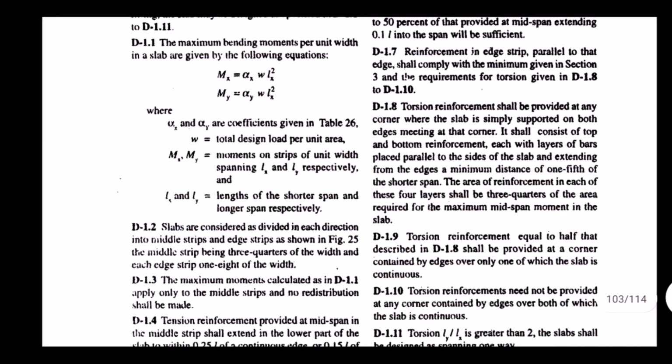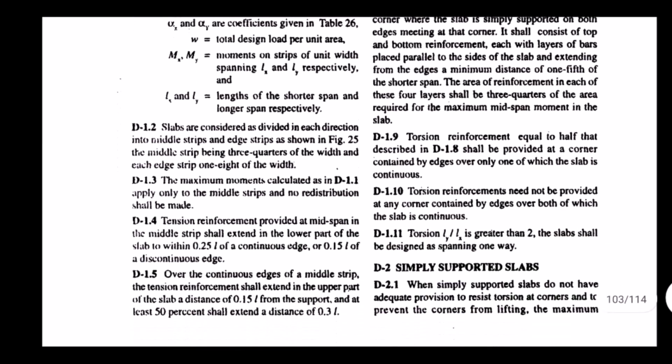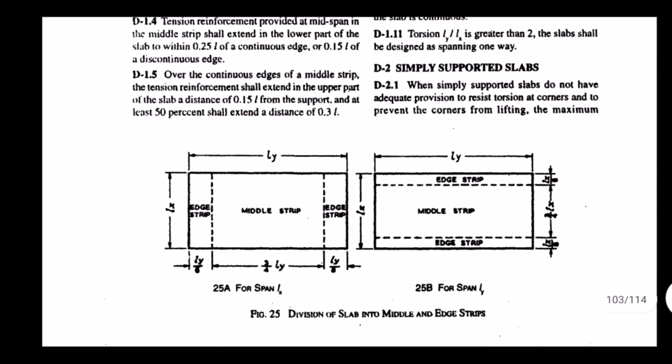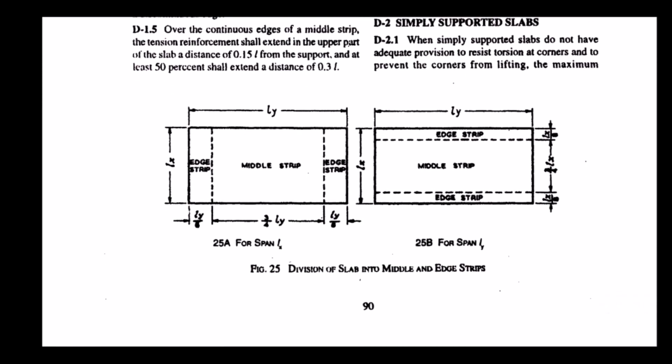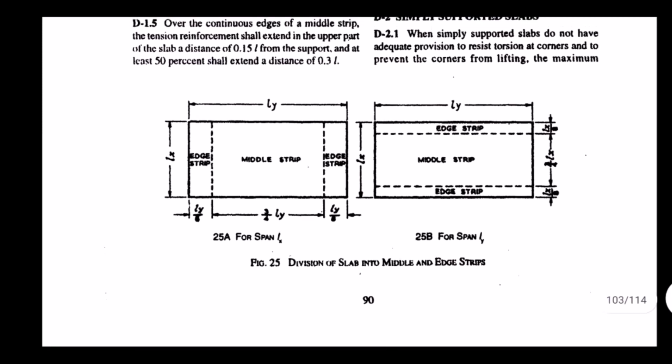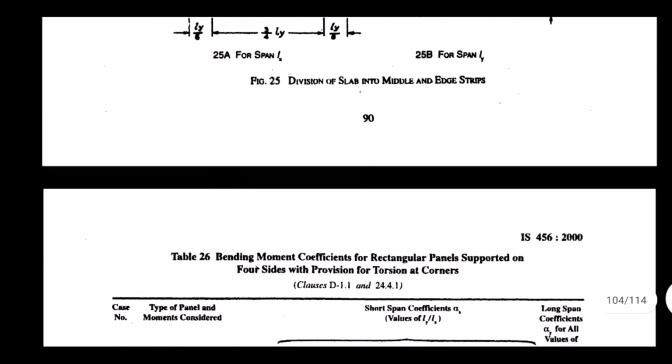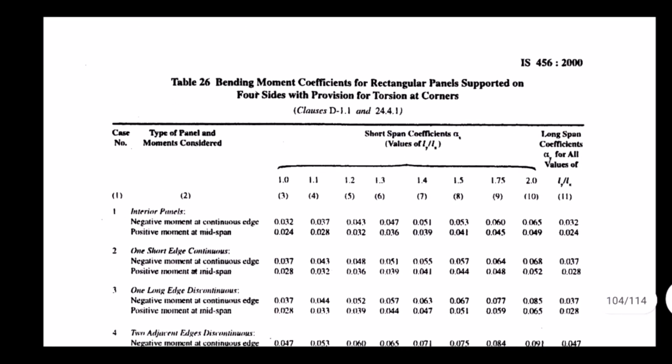That will be easier for you to understand the clause and the consideration. There are 2 figures also. In page number 90, we can find this in IS 456-2000, and on the next page, table 26 is also needed for this design.